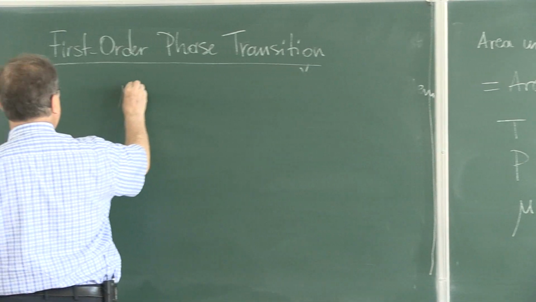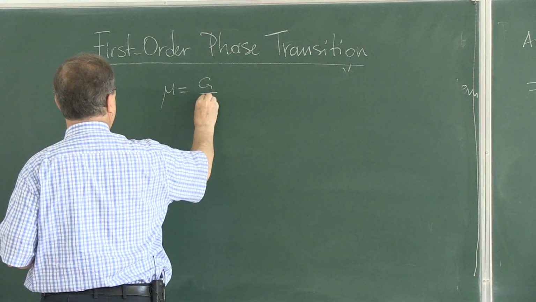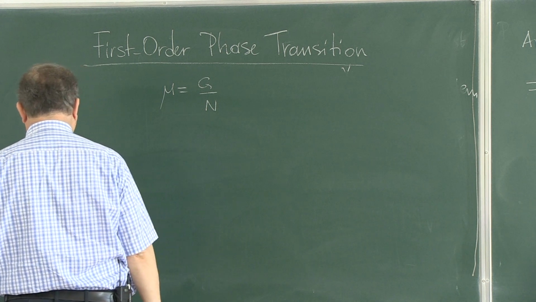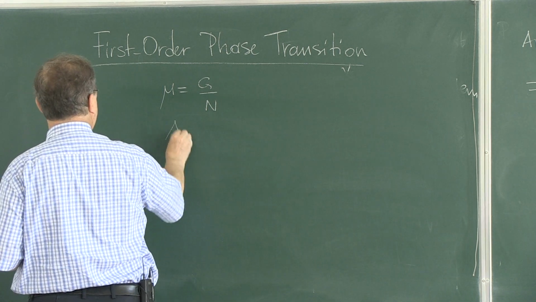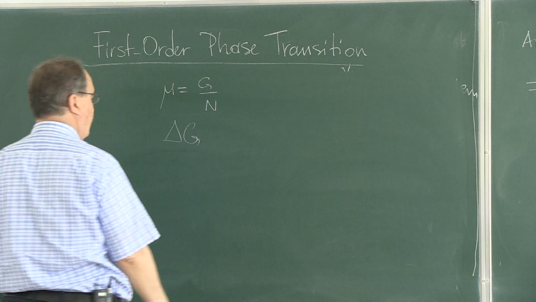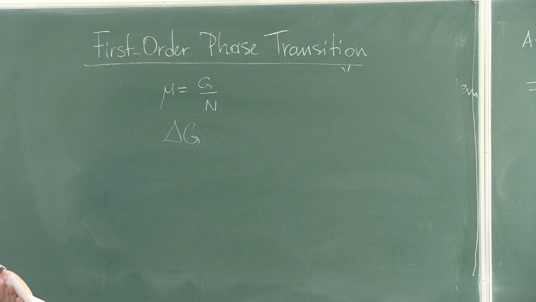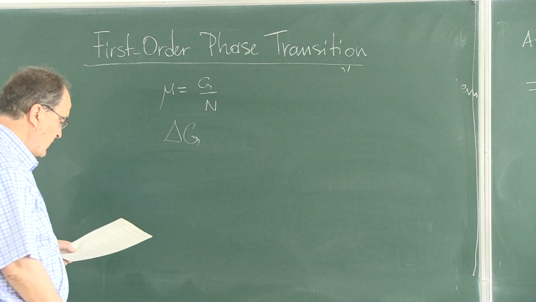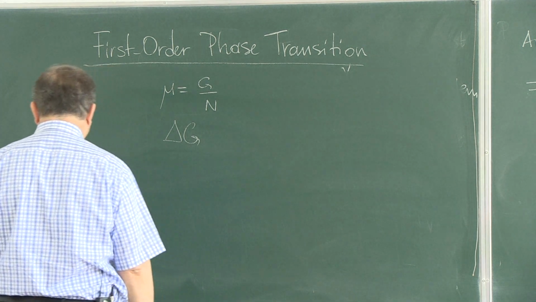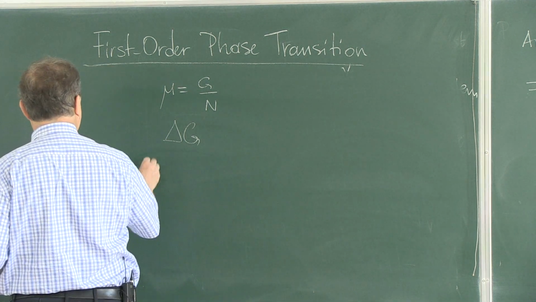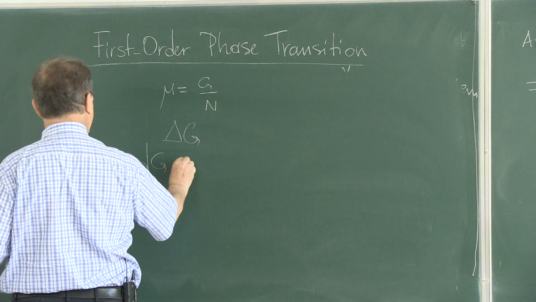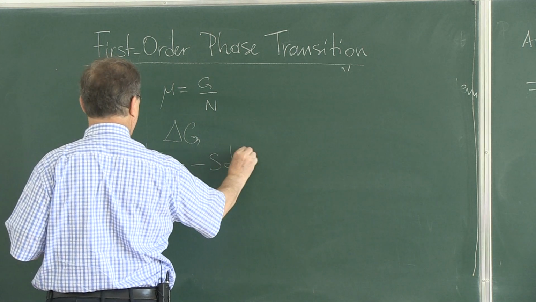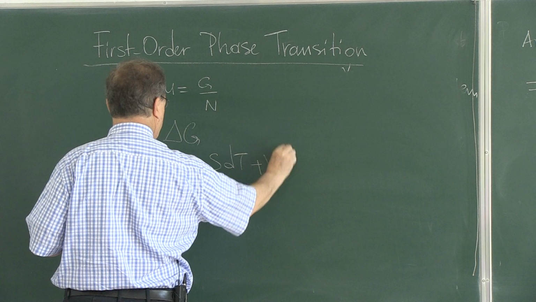The chemical potential is Gibbs free energy per particle. So we have to look at delta G and put it equal to 0 between points A and B. Let's see, dG was minus S dT plus VdP.